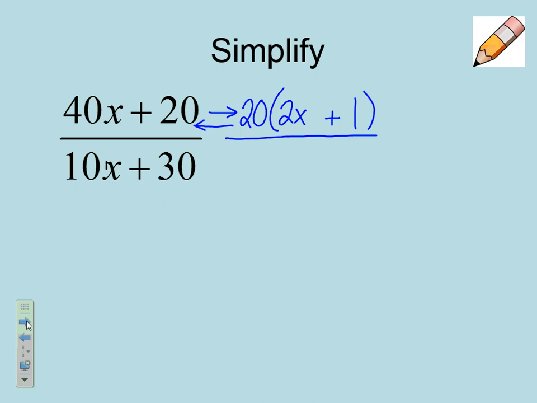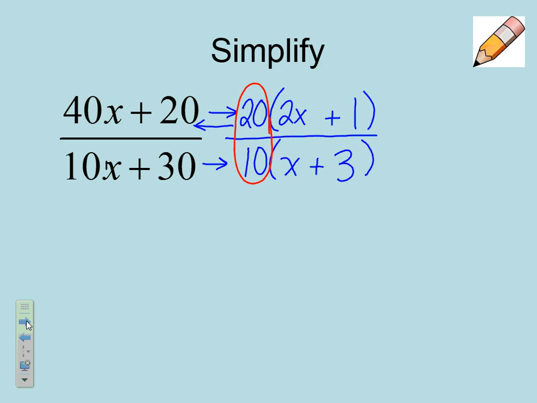However, it's factored now. Now let's do that same thing on the bottom. What can I do to the 10x plus 30? I can factor out a greatest common factor of 10. So it becomes 10 times x plus 3. Now what can I simplify? Now that it's factored, I can simplify factors with factors.